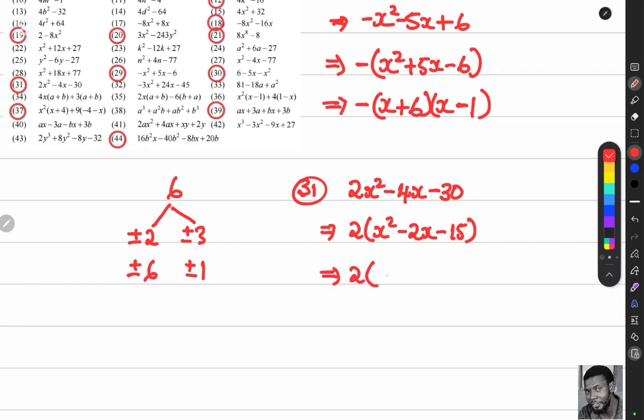Then we have 2 into, now we go and look at negative 15.